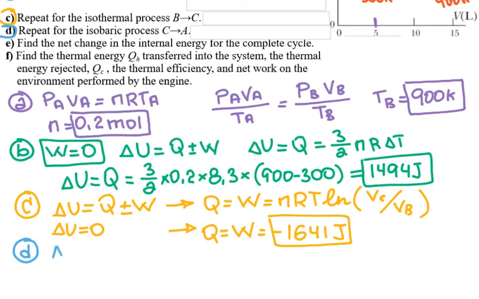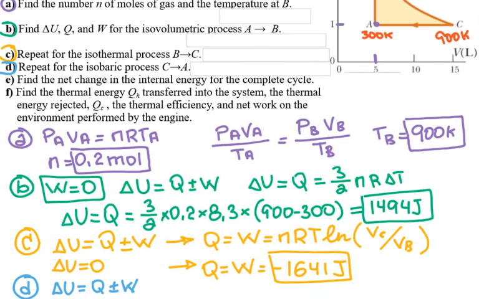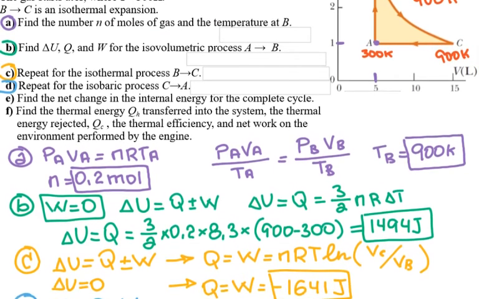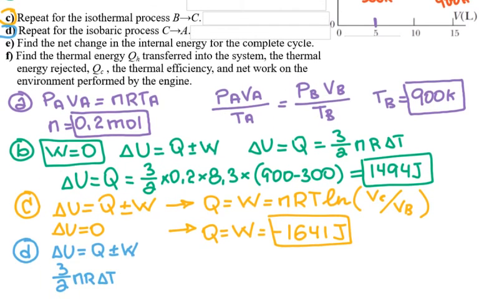So again, I have delta U is equal to Q plus the work done on the gas, and delta U is 3/2 nR delta T, and the temperature changes between C and A. So at C it's still 900 and A is 300.